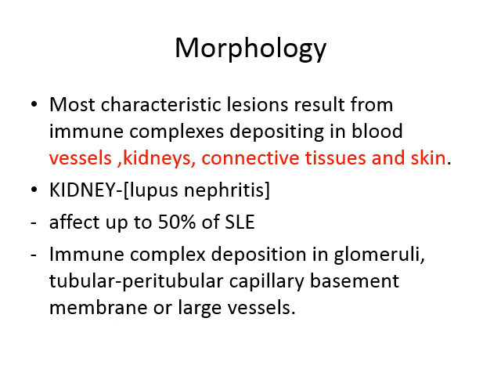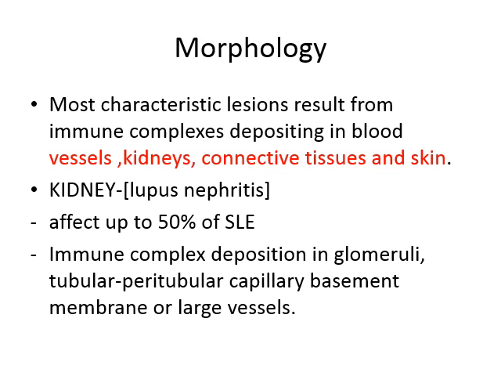Now come to the morphology. Most characteristic lesions result from immune complex deposition in blood vessels, kidney, connective tissue and skin. Most important, you have to know mostly the kidney manifestation. It is also called lupus nephritis, affecting up to 50% of SLE patients.